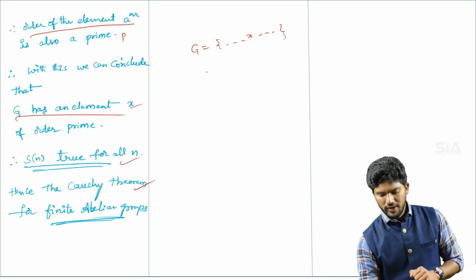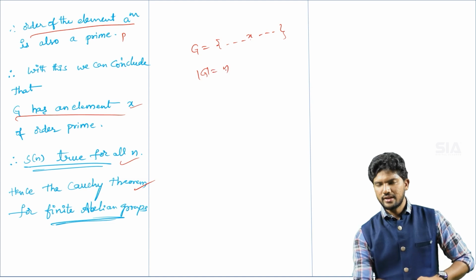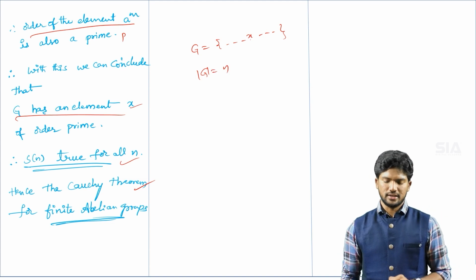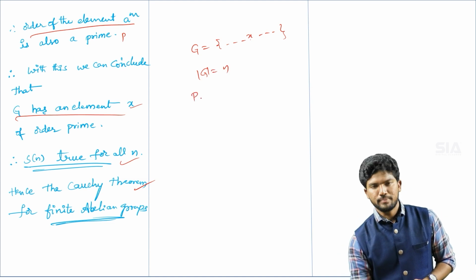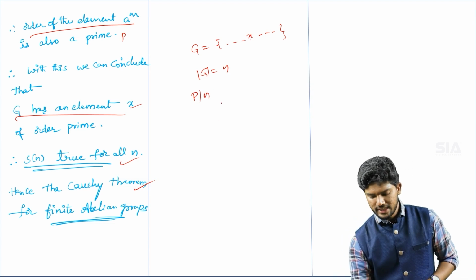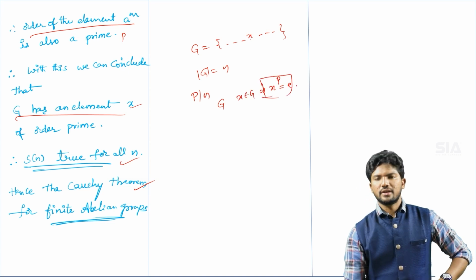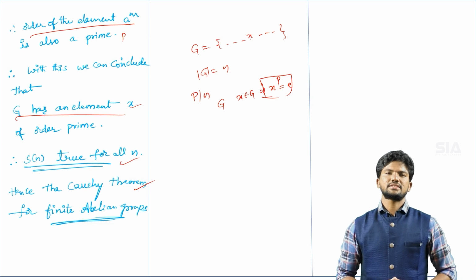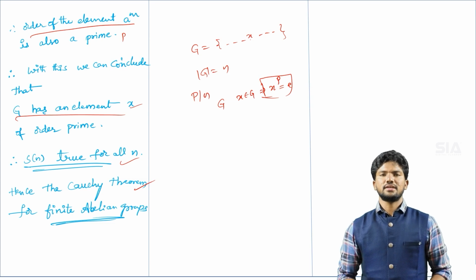Now we have to prove this. The order of this group is small n, and if you take a prime number that divides n, then there is an element x belonging to capital G whose order is that prime number. So therefore x power p is equal to e. This is the concept of the theorem.